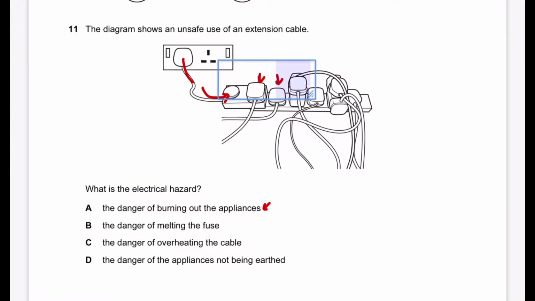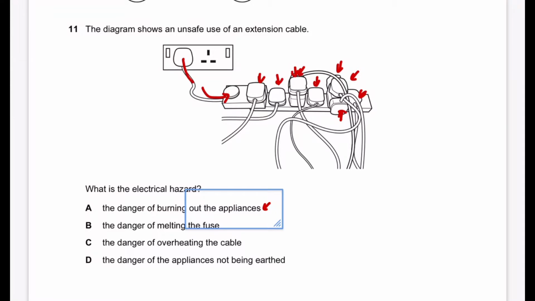You can see 1, 2, maybe 2 right here. Another one, there's 3 plugs here. And the last one is on the side. Okay, about the appliances.